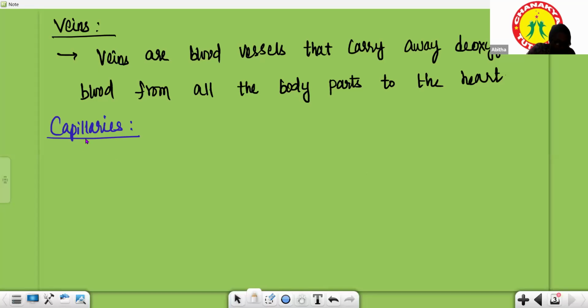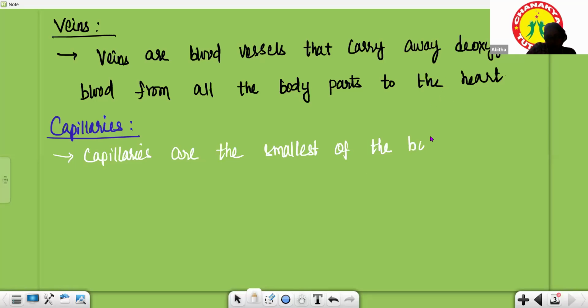So what are capillaries? These are the smallest of the body's blood vessels.